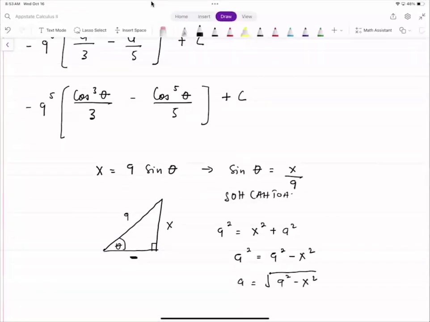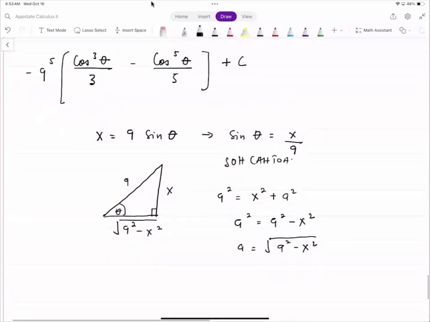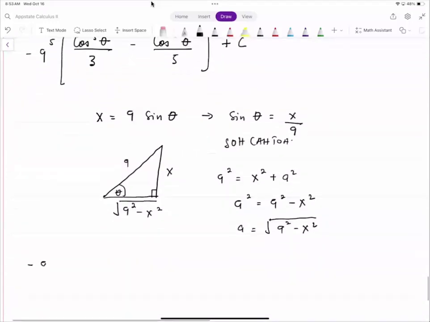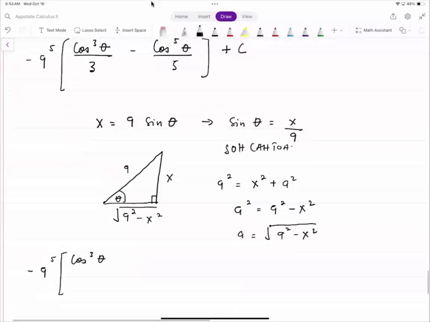And then you just substitute. So let's do that. So we have, here is what? 9 squared minus x squared. And so remember, we have negative 9 to the power 5 multiplying cos cubed theta divided by 3 minus cos to the 5th of theta divided by 5 plus c.